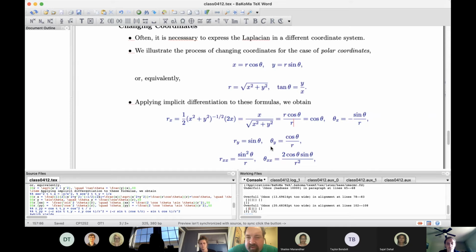On the other hand, what about the derivative of theta with respect to x? So here's where we actually need to use implicit differentiation instead of the explicit differentiation that I could use here.